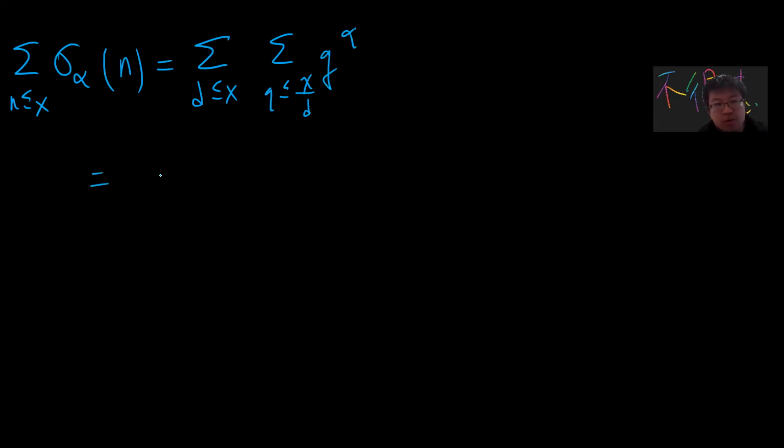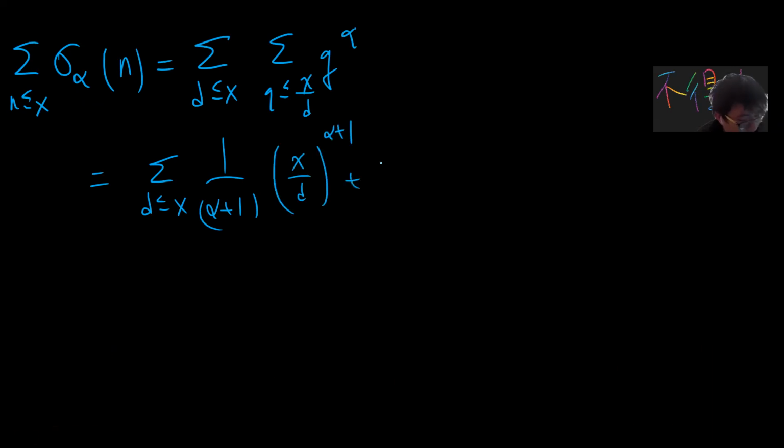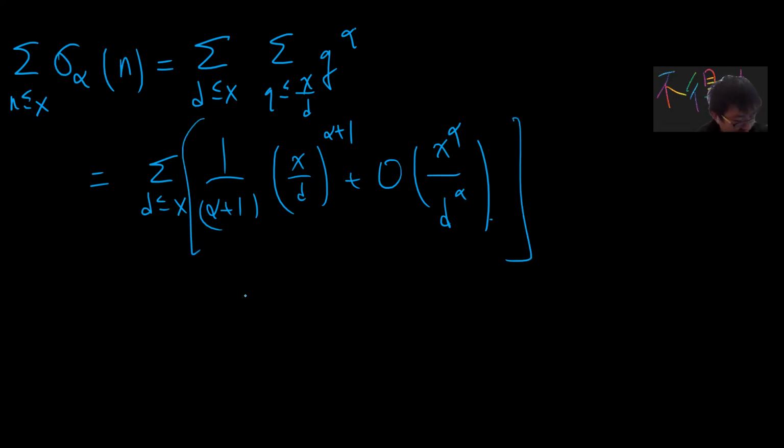So for these terms, you just replace it by an integral, which is 1 over alpha times x divided by d to the power alpha plus 1, and O of this x to the alpha, d to the alpha. Okay, and you just sum over these. So finally you can do exactly the same thing, right? So these terms pull out, and this 1 over d to the alpha plus 1 will give you the same thing, right?